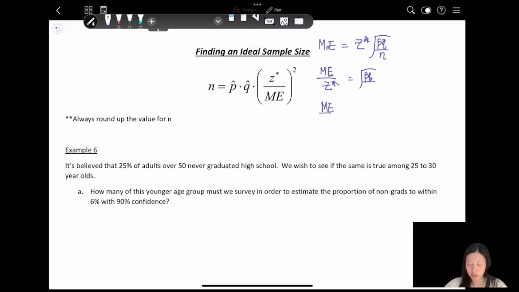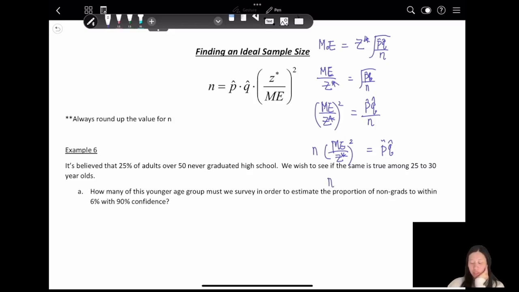We have the margin of error over the z-score, squared, equals p hat q hat over n. Then we solve for n by multiplying n on both sides. So we have n times the parentheses term equals p hat q hat. Then we divide by the parentheses on both sides.